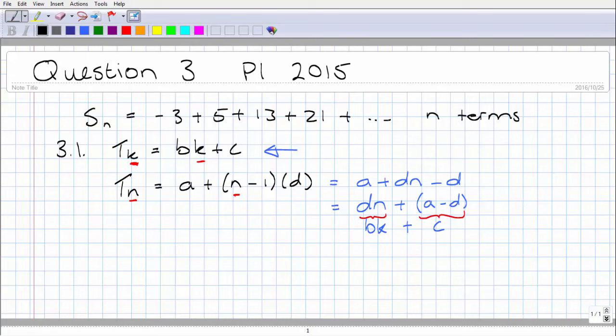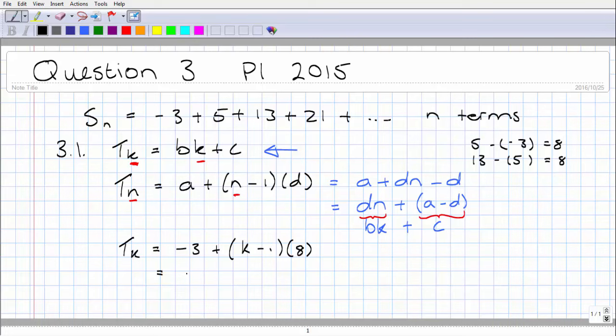Okay, so if we want to work it out, we can use tk. Tk is equal to a. What is a? Well, a is the first term, negative 3, plus k minus 1, because we used tk instead of tn, times d, and the difference is 8, as we mentioned. 5 minus 3 equals 8, or 13 minus 5 equals 8, so the common difference is 8.